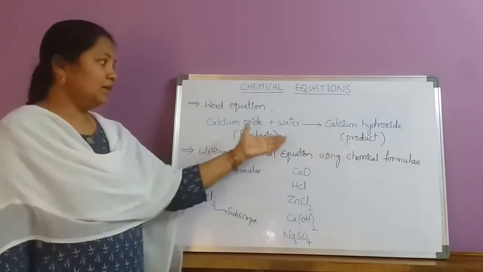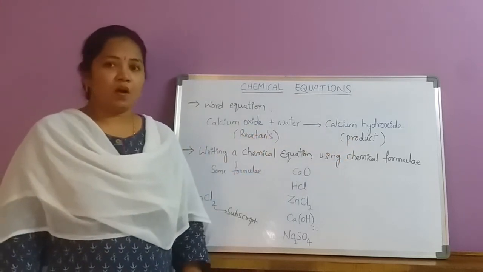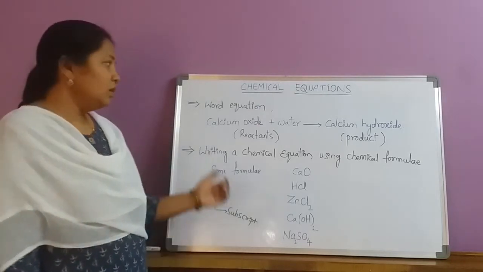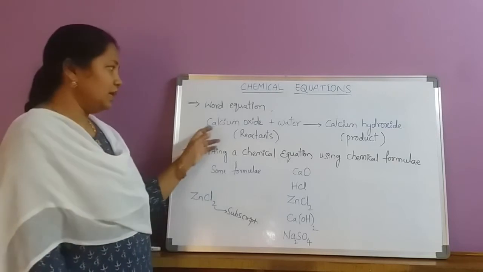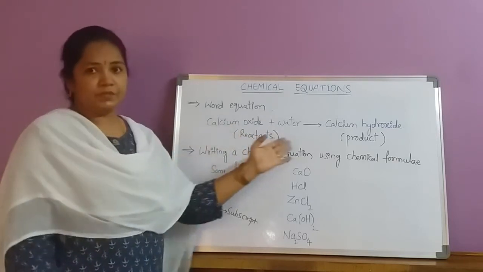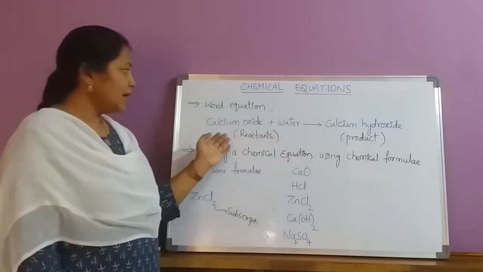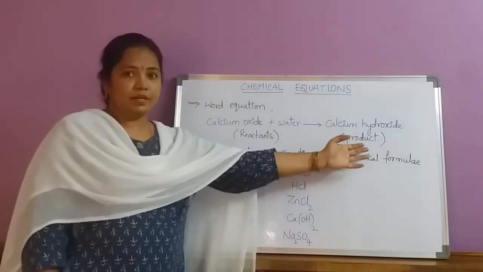If we describe the chemical reaction like this, it becomes quite long. So, we have to write in a shorter form. In a shorter form, we can write the chemical reaction by using their names: calcium oxide, water, calcium hydroxide.